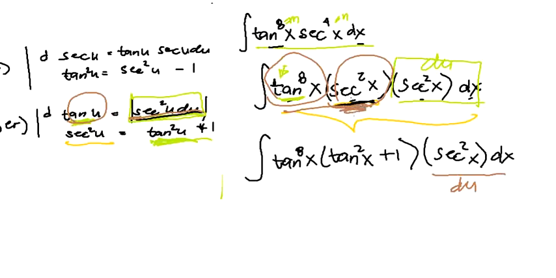In order for this term to be converted in terms of tangent, we use the identity, which is secant squared u equals tangent squared x plus 1. As you can see, we have tangent here and the derivative of the tangent, which is the secant squared x.